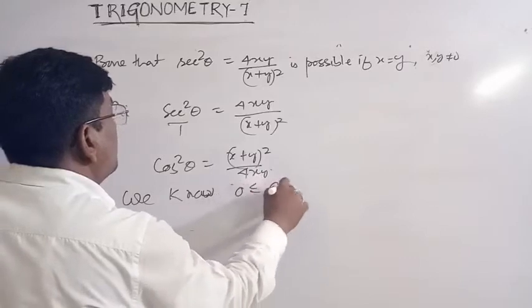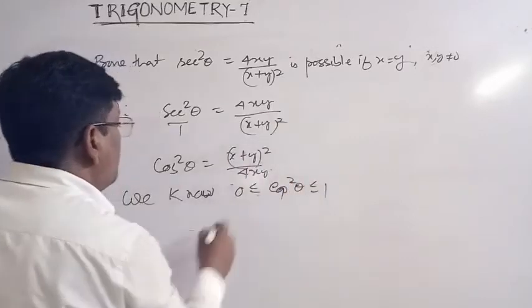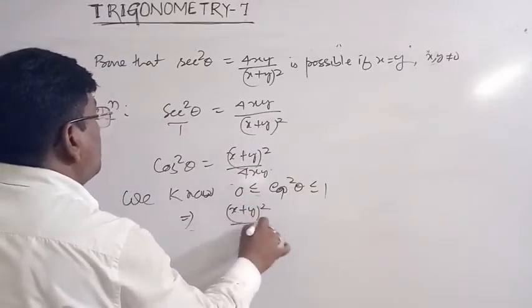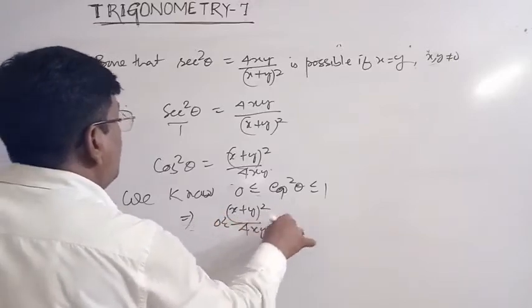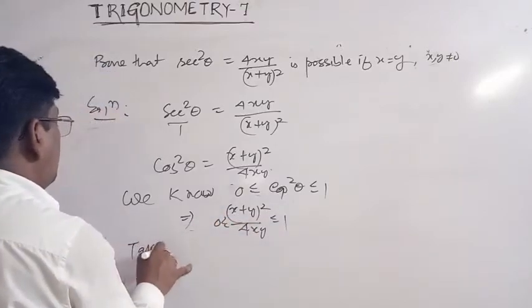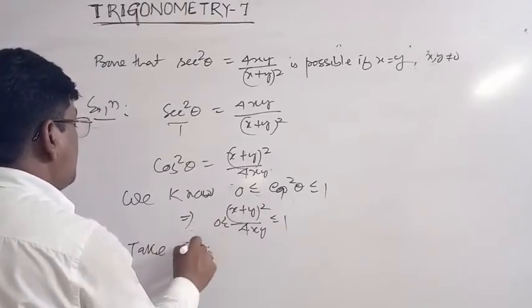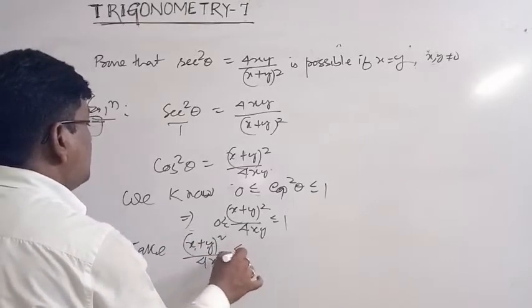We know 0 is less than or equal to cos square theta, which is less than or equal to 1. So put the value of cos square theta here: (x plus y) whole square by 4xy. This side is 0, this side is 1. Taking this side, (x plus y) whole square by 4xy is less than or equal to 1.